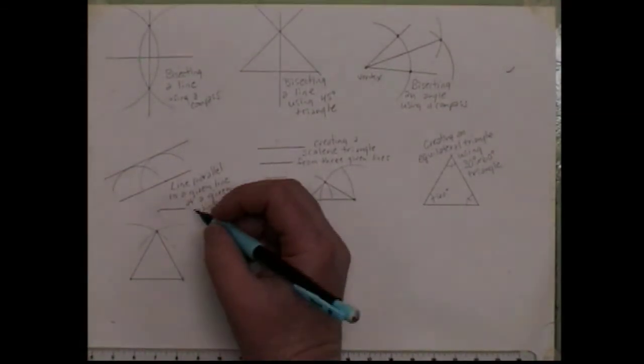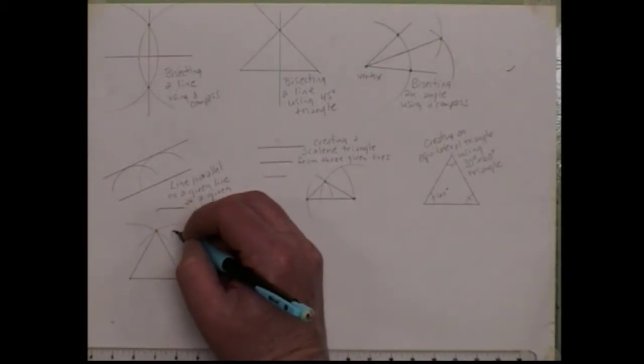Now we have an equilateral triangle using a compass.